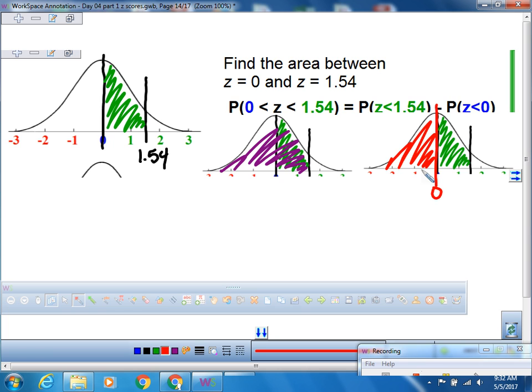Yes. I know it's a little complicated. Let's find the percentage under the curve of the purple part first. What is the percentage at 1.54?